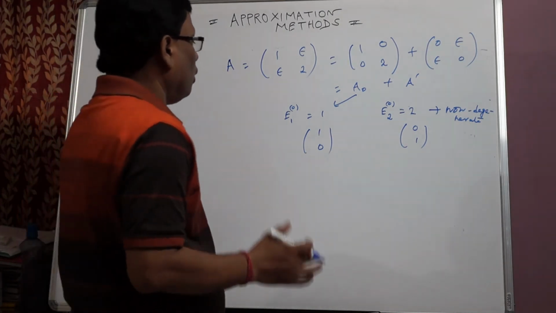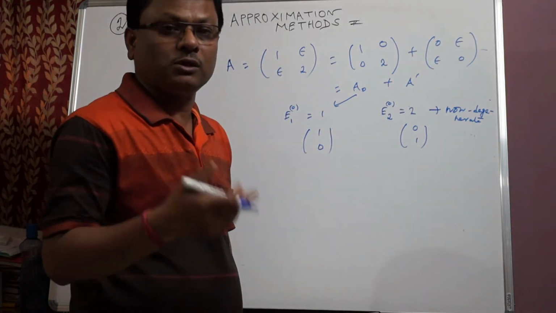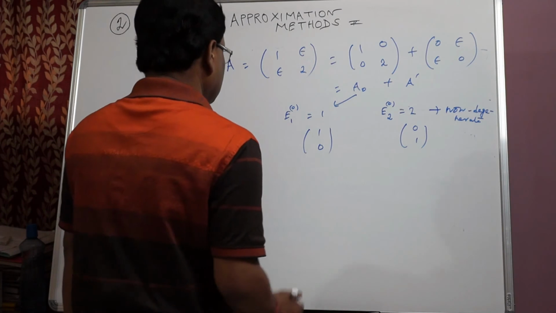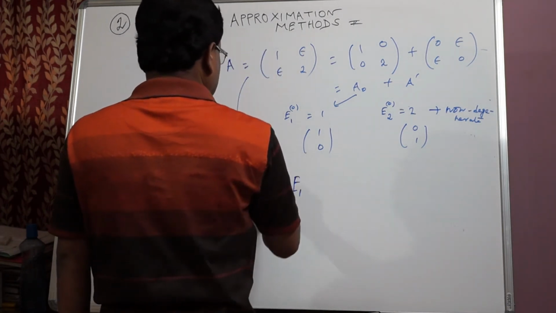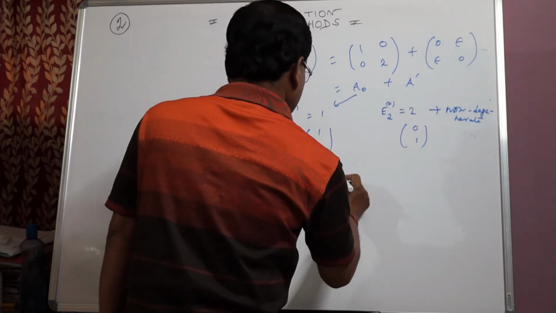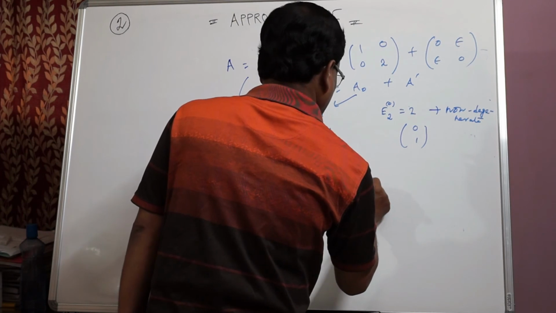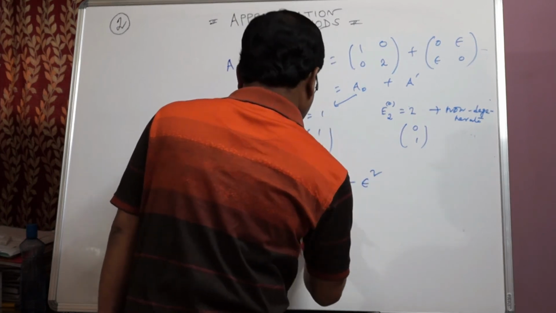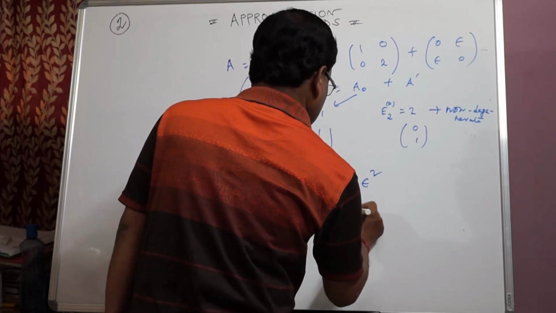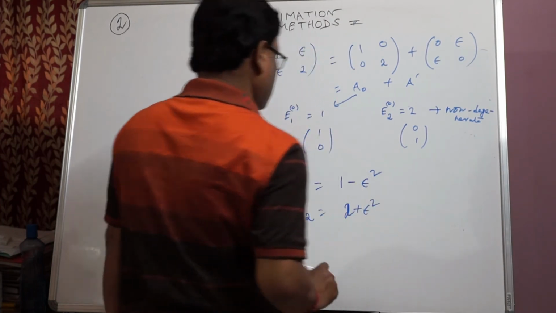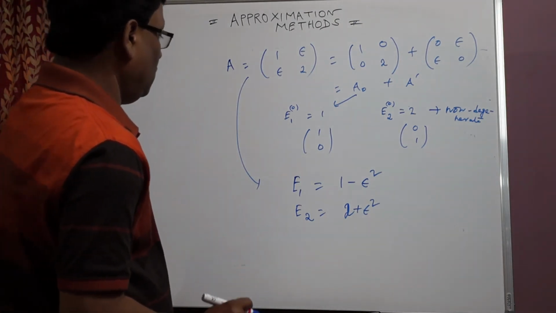When we apply perturbation, without going into the details of the calculation, the energies will be E1 equal to 1 minus epsilon square, and E2 equal to 2 plus epsilon square.